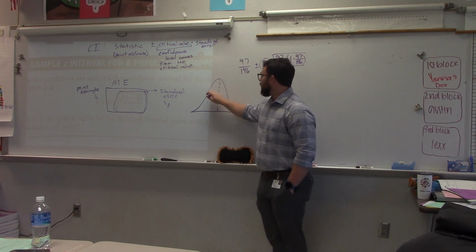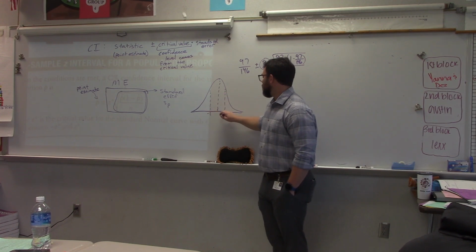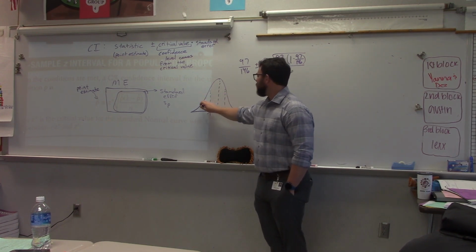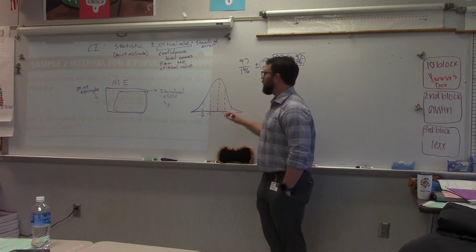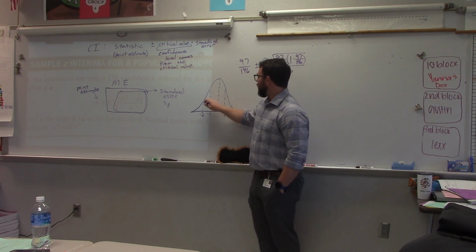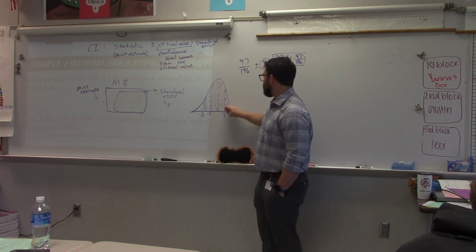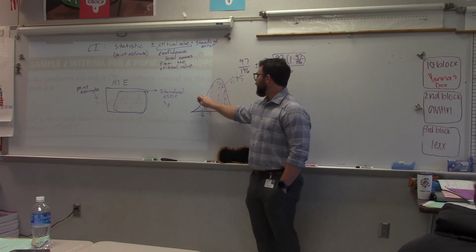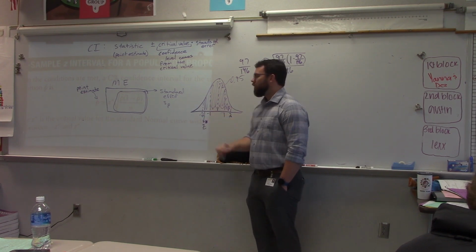Okay, so I need to recognize what I'm looking at is an area of 95%. And so it is very close to 2. But remember I said earlier it's not exactly 2. So what I'm looking at is 95%, or 0.95, for my area. And so I need to figure out what this Z star is.